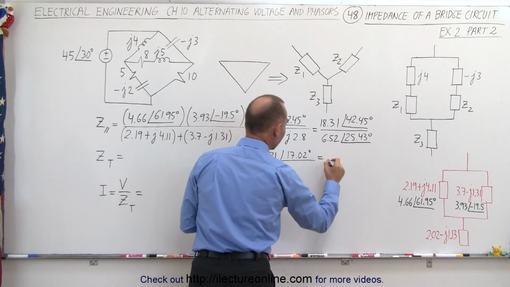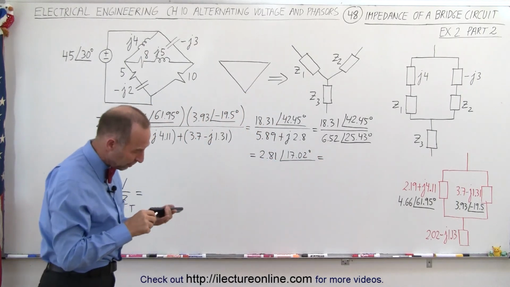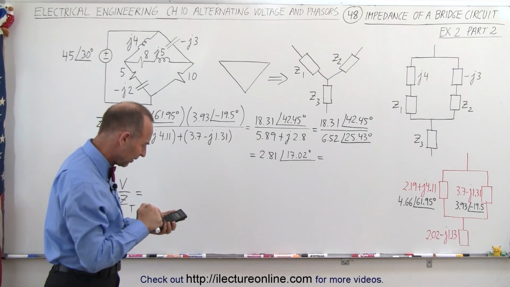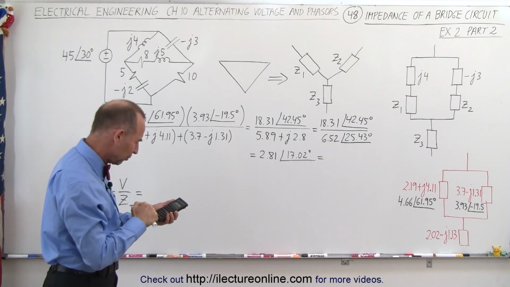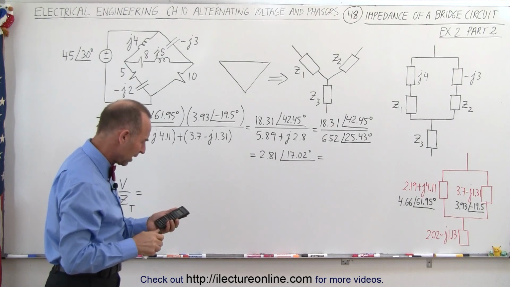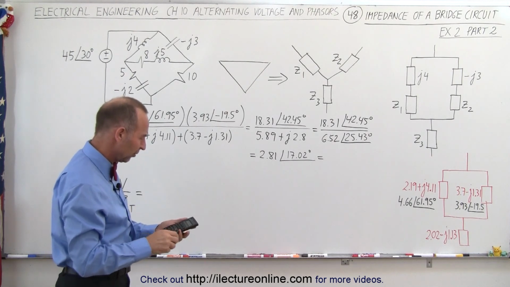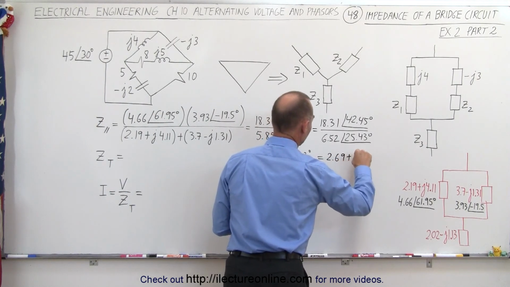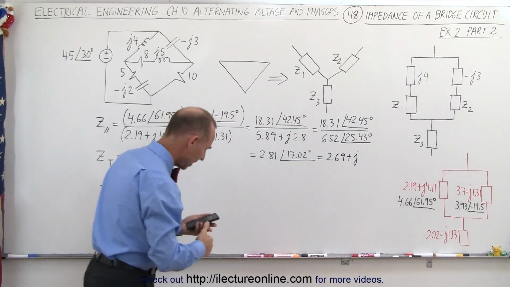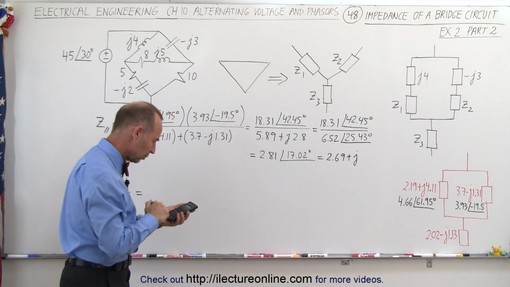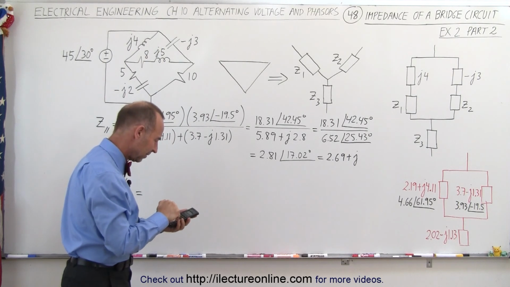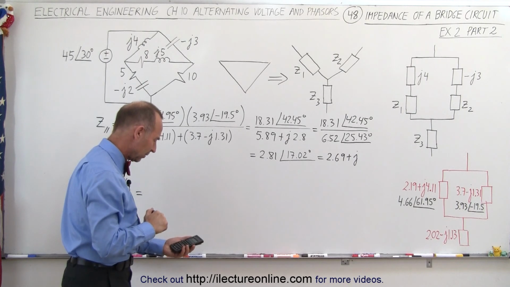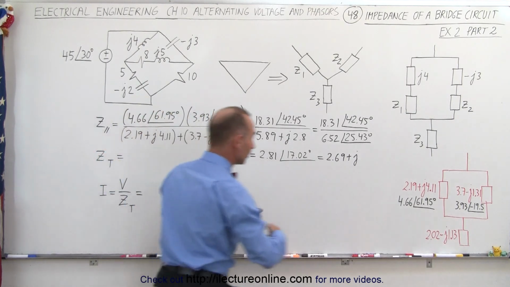And then if we convert that back into the real and imaginary part, we take the cosine of that angle, multiply times 2.81, and we get 2.69, plus J times, again, 17.02, take the sine of that, and multiply that times 2.81, and we get 0.82.